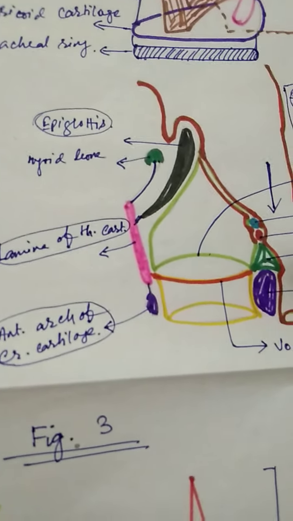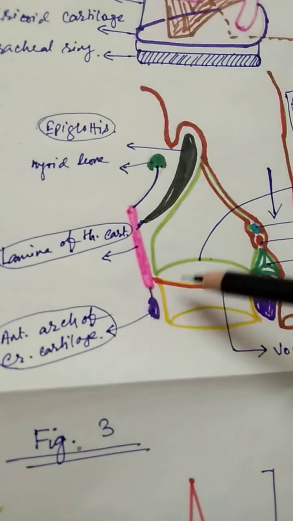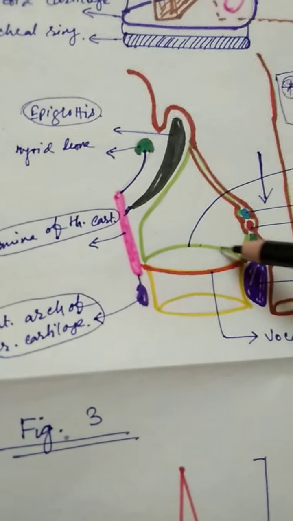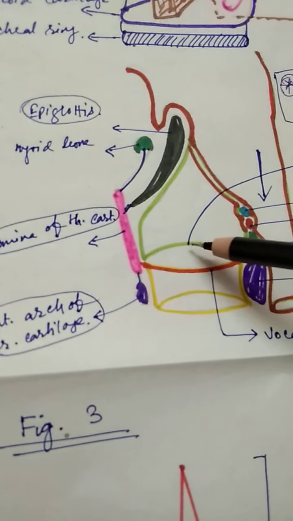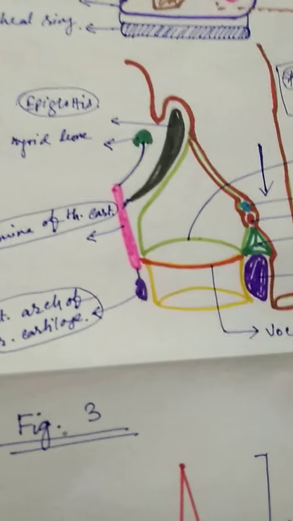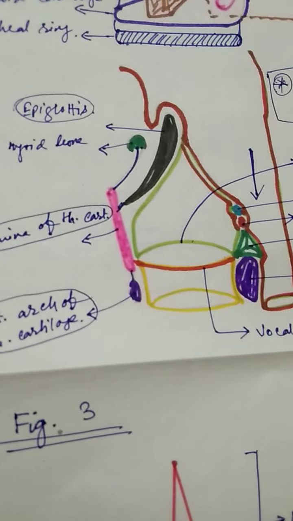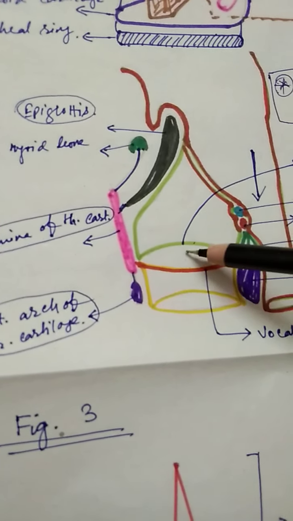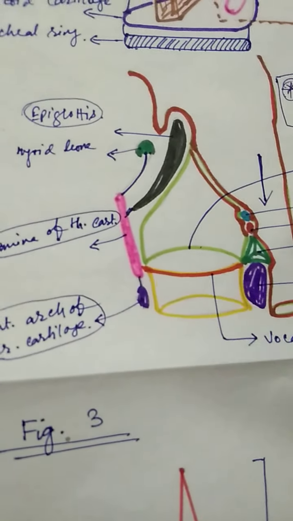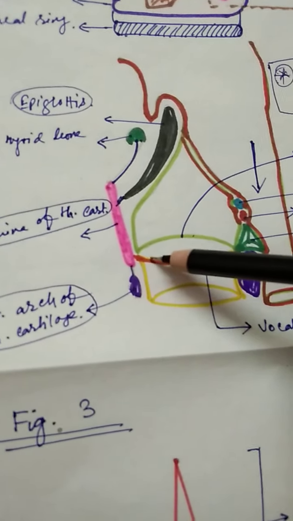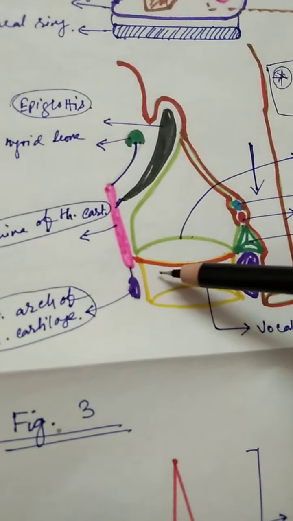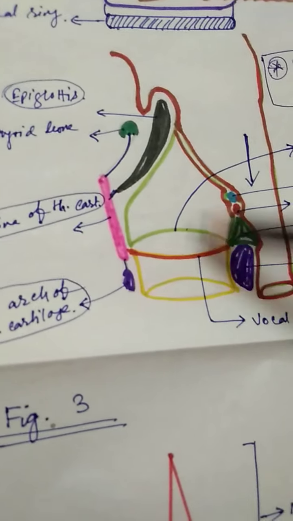Now the vestibular fold is very important because it will allow the entry of air but prevent the exit of air. You should remember it is reversed in the case of the vocal fold, which will allow the exit of air.